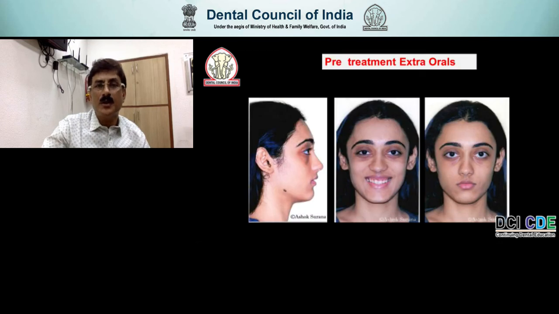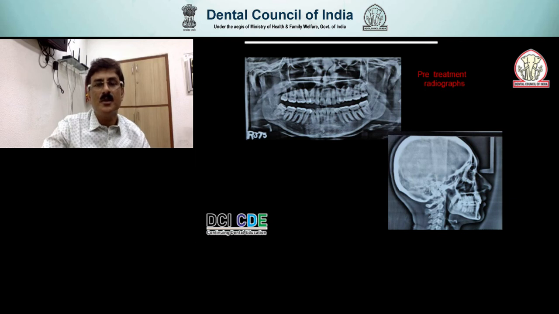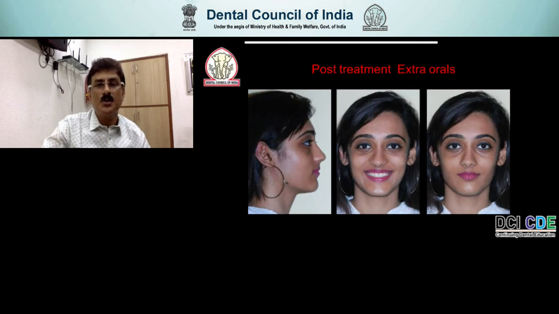And then the photographs. Now, photographs are something which can be appreciated, but are not of much diagnostic value, because you can't do direct measurements on them. If you want to measure soft tissue, the best method is to measure them clinically. That's another situation where incisors have been dumped in, and that's the pre-radiograph and that's post.